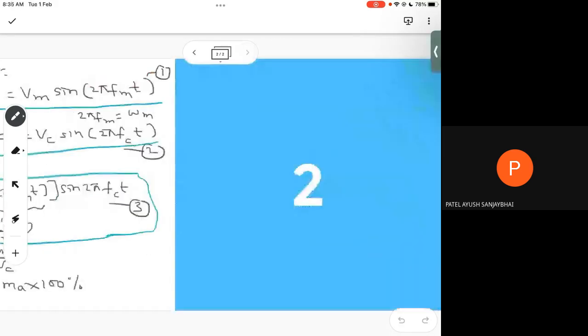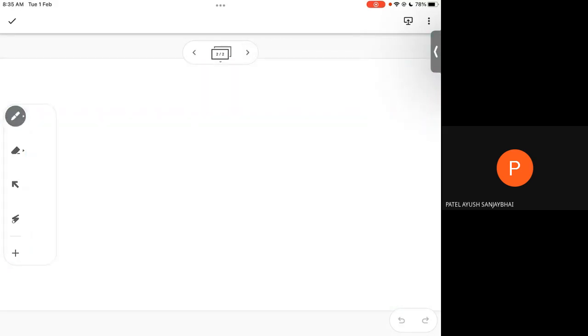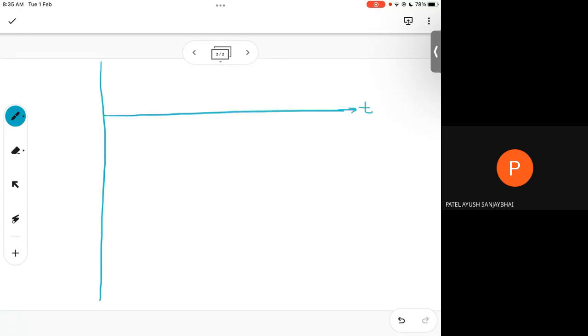I move to the next slide. So for that I put it like this. So here we have time, and here we have amplitude.